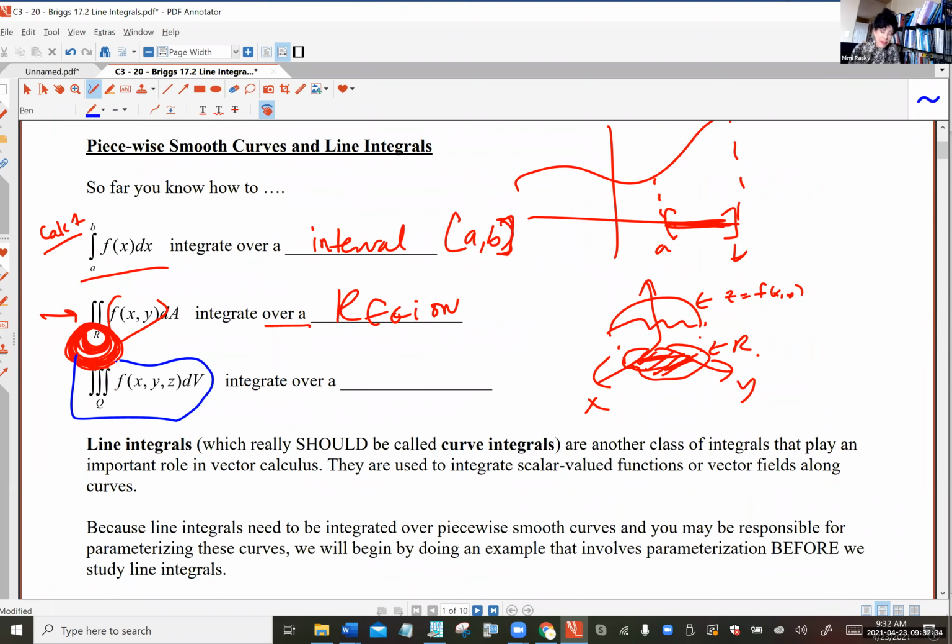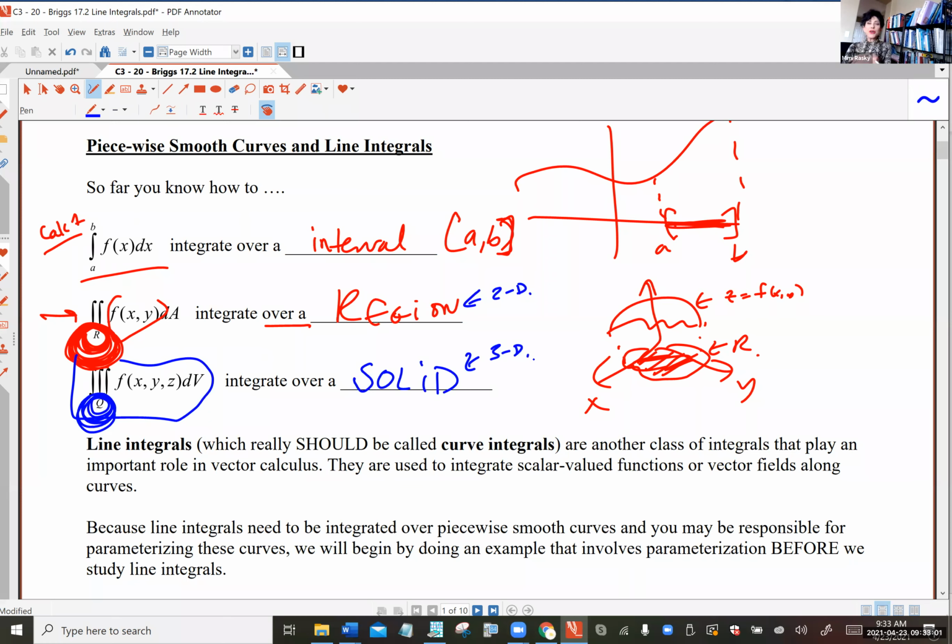Woohoo! And what do you integrate over when you integrate a triple integral? Your region is this volume. It's not a 2D region. It's a 3D region, which they call what? A solid region? Solid, yeah. So this is 3D.